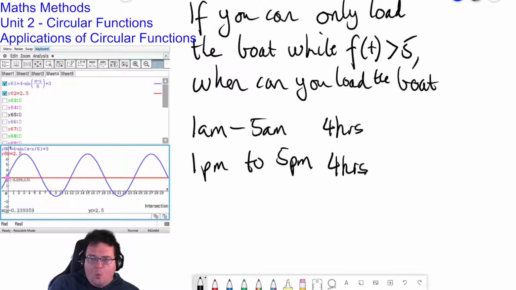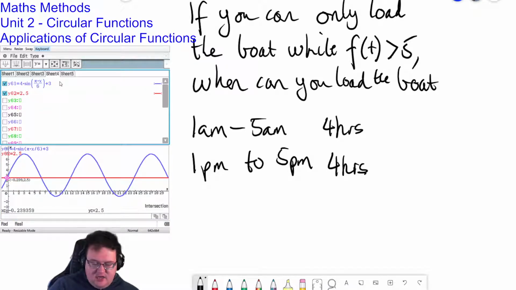So, where these questions get tricky and weird is when they start being things other than nice, clean numbers. So, if we've got pi on 6 as the period, then the graph is going to repeat itself twice in a single day.